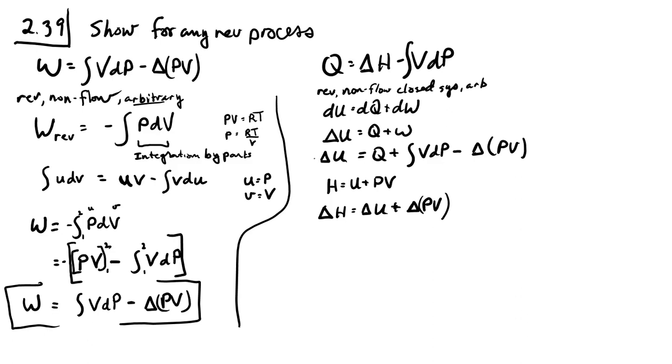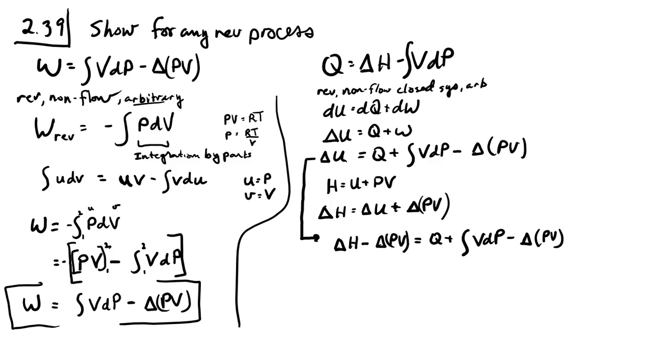So if I go to this equation here and rewrite this, delta U is equal to delta H minus delta PV, and that is equal to Q plus the integral of V dP minus delta PV.